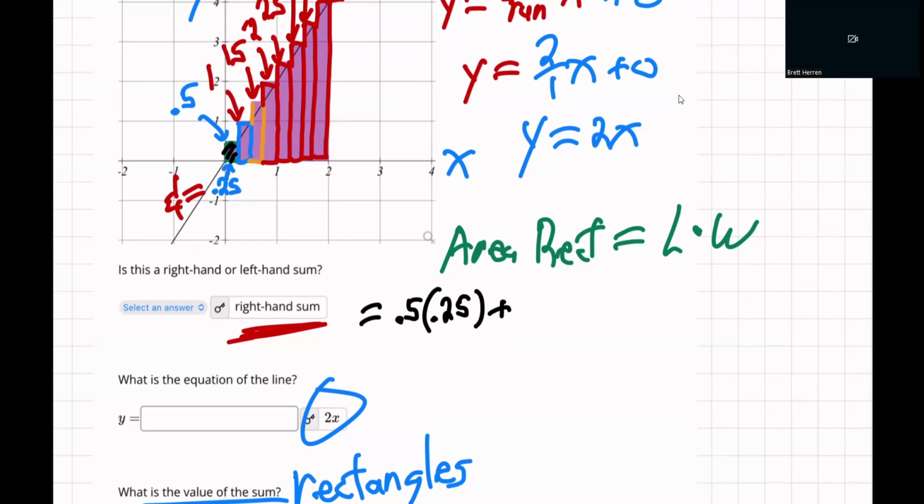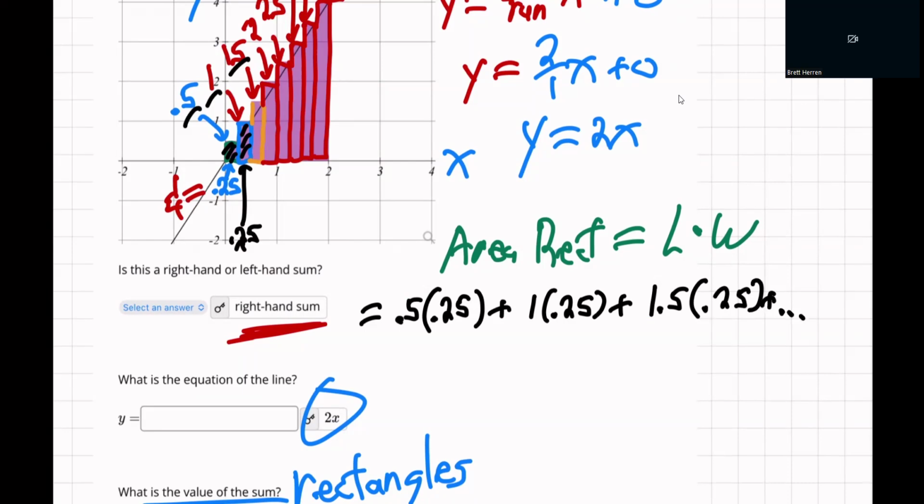Plus the next rectangle, which is 1 times 0.25, because its height is 1 and its width is 0.25. They're all the same width on the bottom. The next one has a height of 1.5, we're just going up the line here, times a width again of 0.25, and so on. That's the third rectangle.